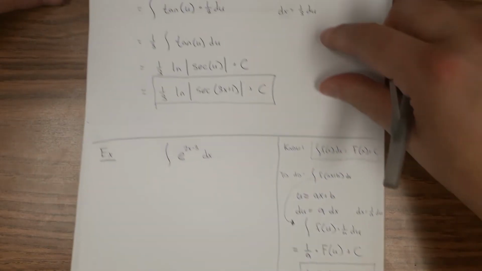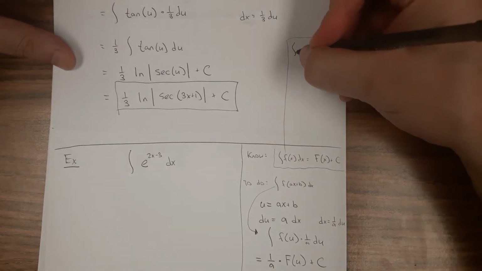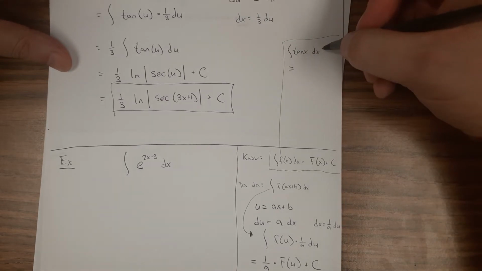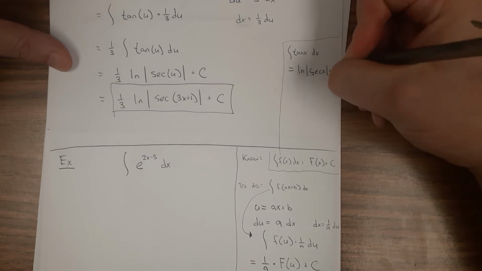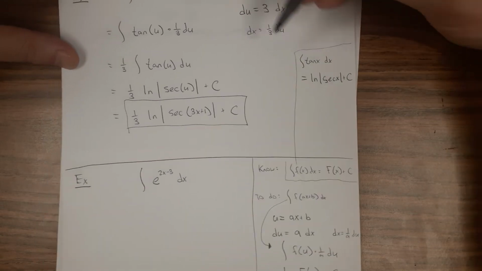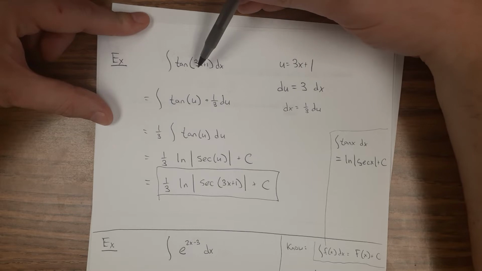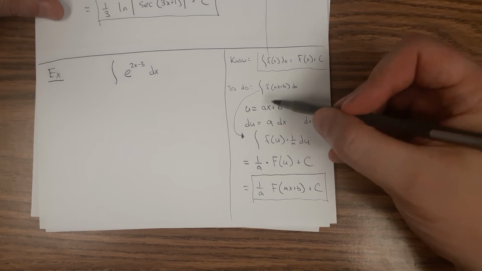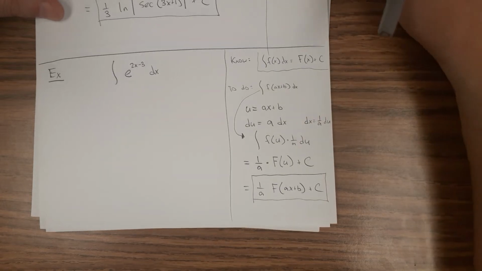Just to remind you, that's like the example that we just did. We know this one. This one is on our list. The antiderivative of tan x is natural log absolute value secant x plus c. But we weren't doing the antiderivative of tangent x. We were doing the antiderivative of tangent 3x plus 1. So it's like a was 3 and b was 1.